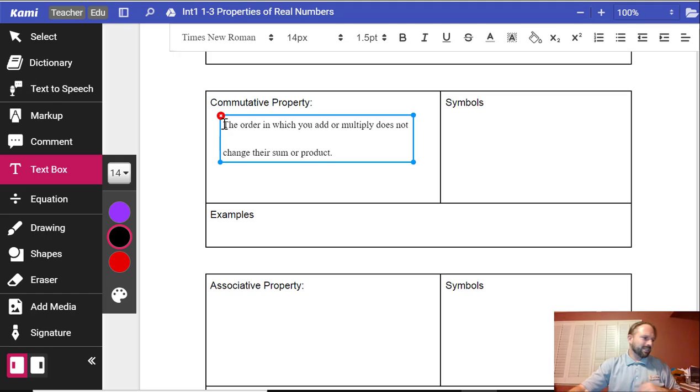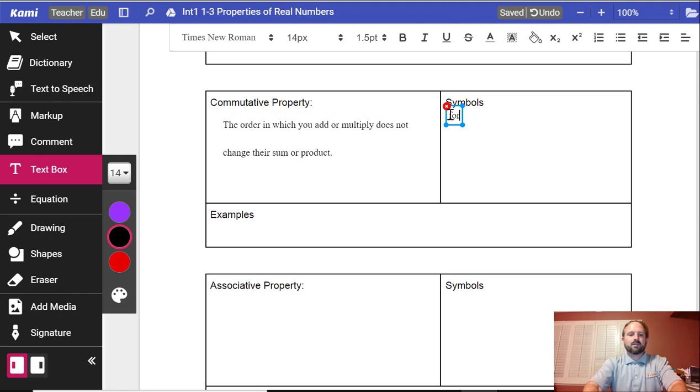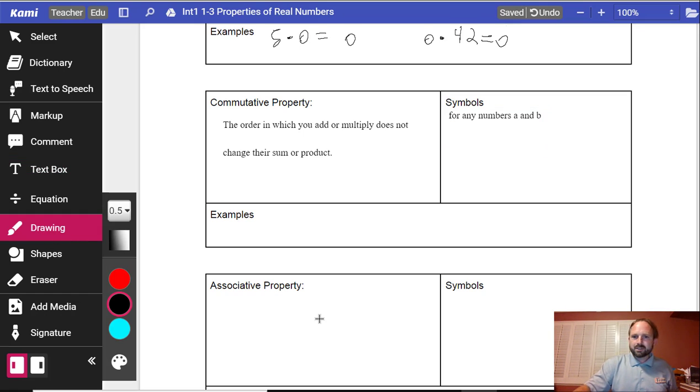What does this mean? Okay, well, let's start this off. For any numbers a and b, we could say a plus b will still equal b plus a. We can move it around.